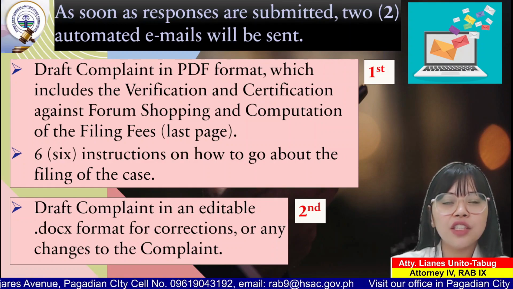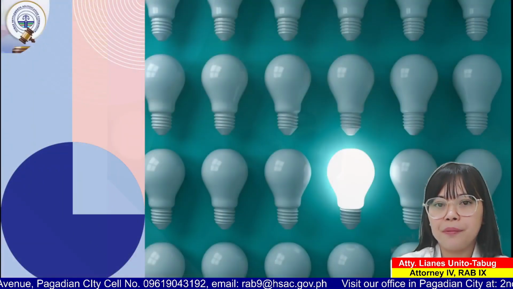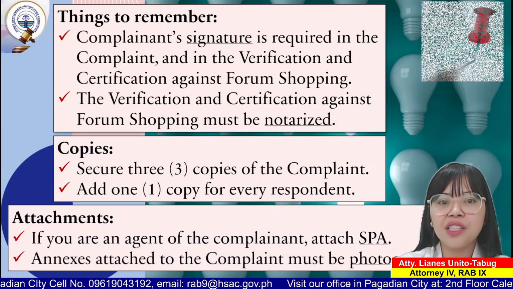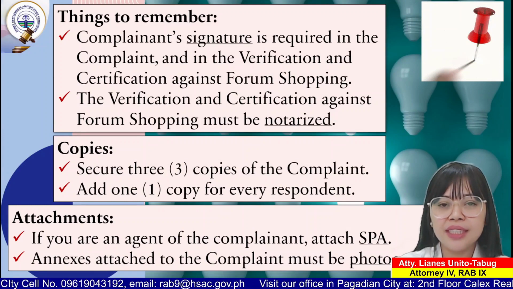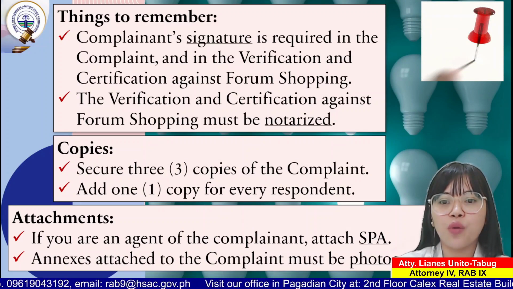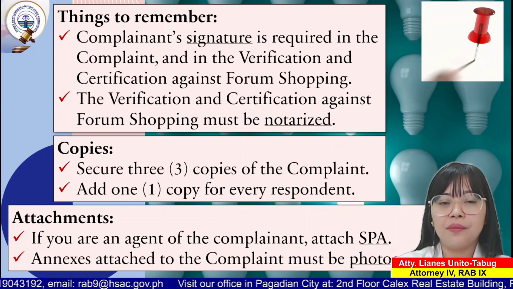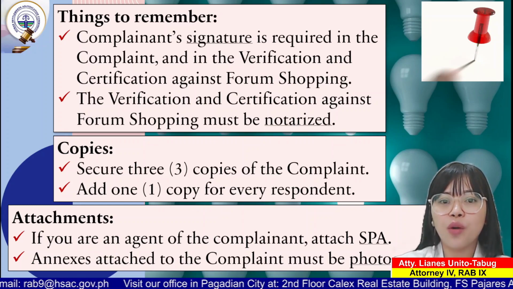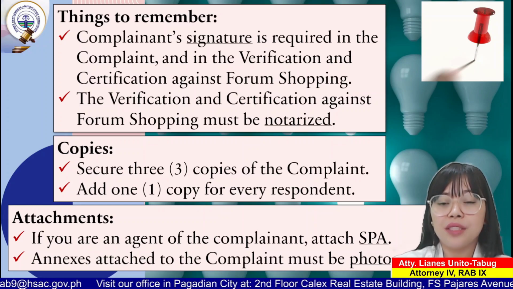Now, there are things that you will need to remember. Complainant's signature is required in the complaint and in the verification and certification against forum shopping. Also, the verification and certification against forum shopping must be notarized.